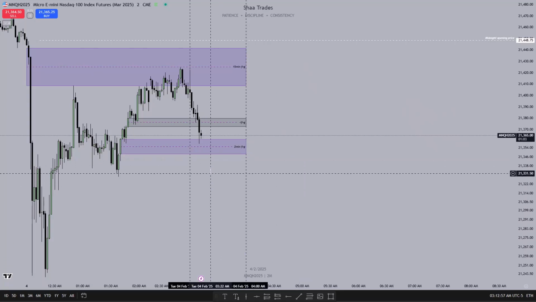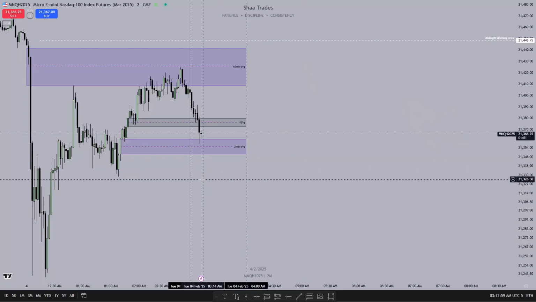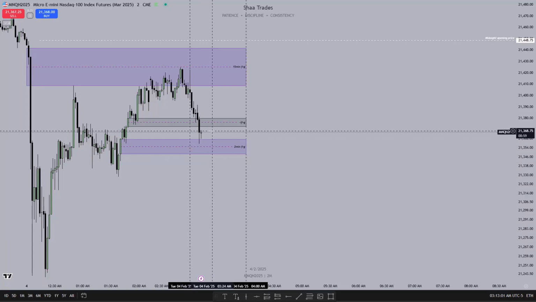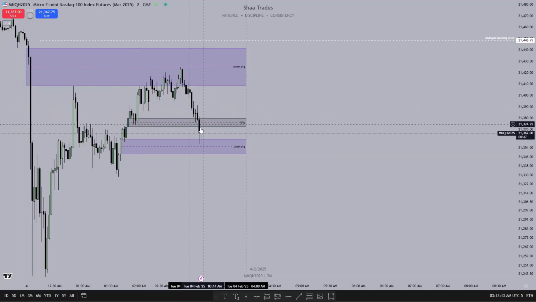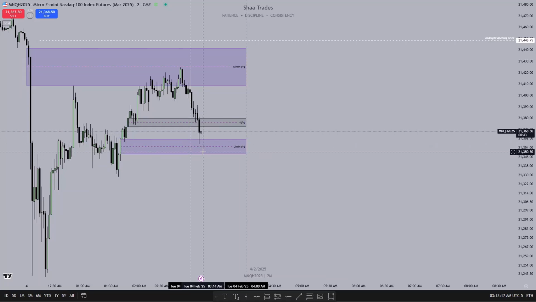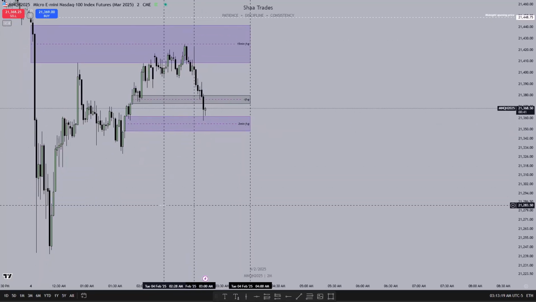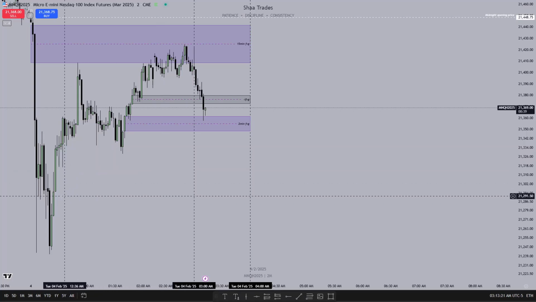But whenever I see price breaking bullish order blocks and fair value gaps, price should support this going higher. If it keeps doing that, then we're looking for these inefficiencies here.